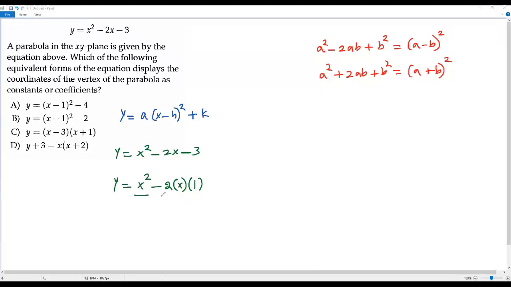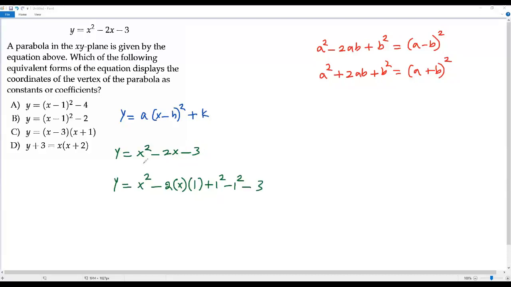Now I got a squared minus 2ab. What is missing? Comparing to this, we need b squared. Instead of b, we have 1, so b squared is missing. I'm adding 1 squared. Simply adding 1 squared would change the original expression, so to balance the addition of this 1 squared, I subtract 1 squared so that it becomes a zero pair and the original value does not change. Finally, I'm taking this negative 3.